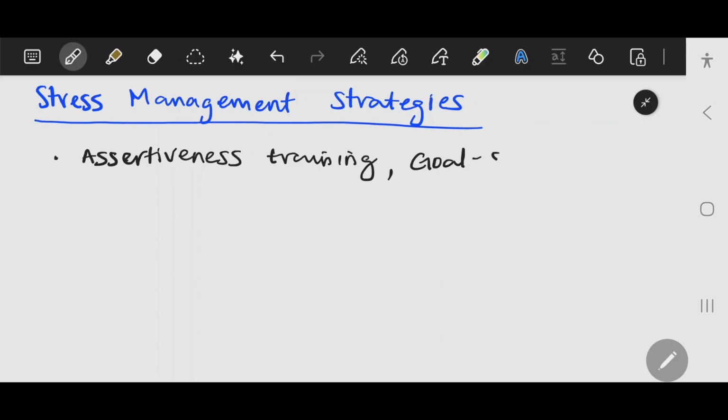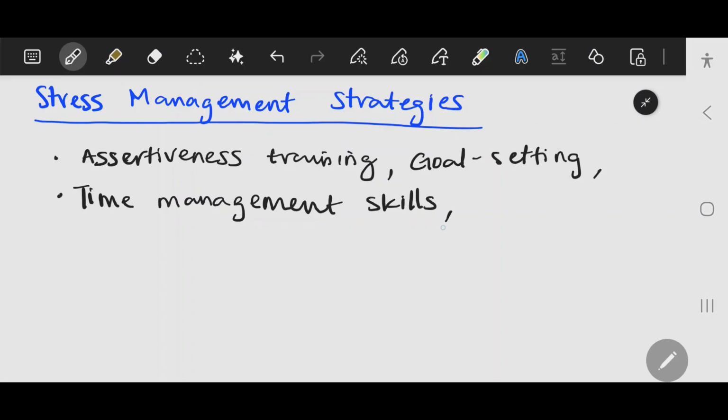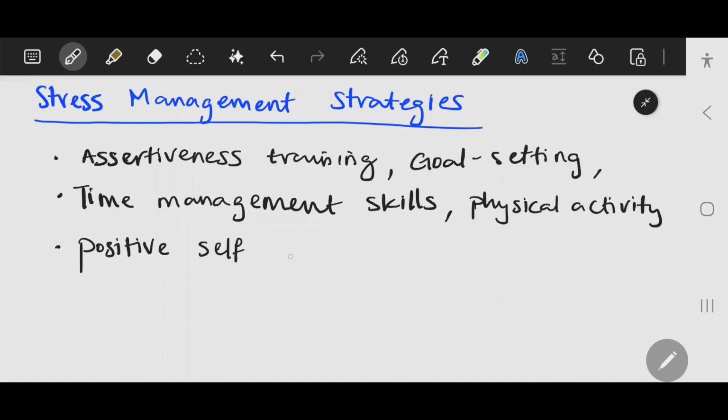We also have goal setting. So if you set goals, then they become a little bit less overwhelming and that can reduce stress. We also have time management, improving your time management skills. We have physical activity because of all the benefits it comes with. We have positive self-talk, self-explanatory. We have relaxation.